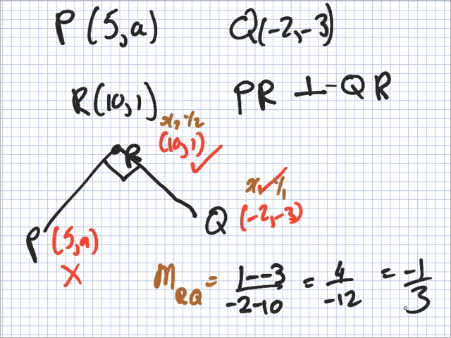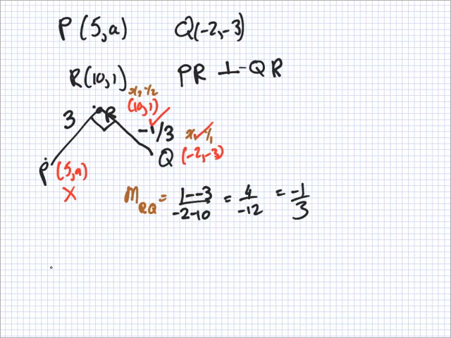Yeah? Now, be careful, think carefully. If this one has a slope of minus 1 over 3, and this line is perpendicular to it, what is the slope of this line, P to R? 3. Yes, because you flip it and you change the sign.